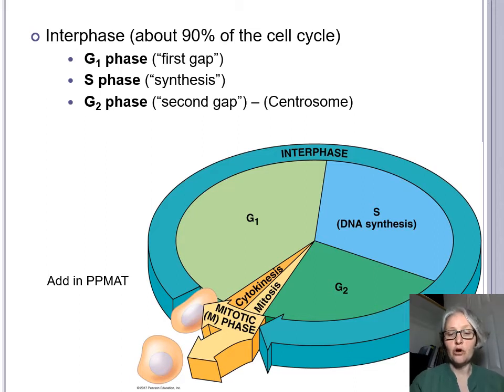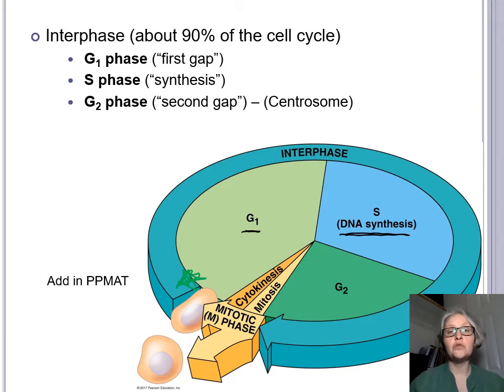So again, we're starting off our life as a brand new cell right here at the beginning of interphase. The first part of interphase is called the G1 phase, or the first gap. This is where the cell is growing and just doing its normal job. After G1 comes the S phase. S phase stands for synthesis, because this is where the DNA is going to make a copy of itself.